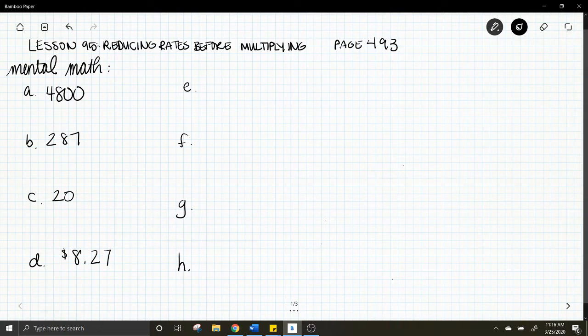$8.27. Letter E, we have 17.5 divided by 100. 17.5 or 17 and 5/10 divided by 100. The answer is 0.175 or 175 thousandths.